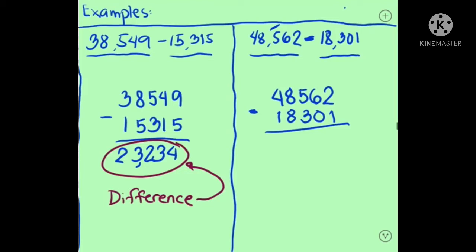Now let's do the process. Number one is we need to identify if all the digits in our minuend are greater than the digits in the subtrahend. So let's see. 2, 1. This one is greater. 6, 0. This one is greater. 5, 3. This one is greater. 8, 8.